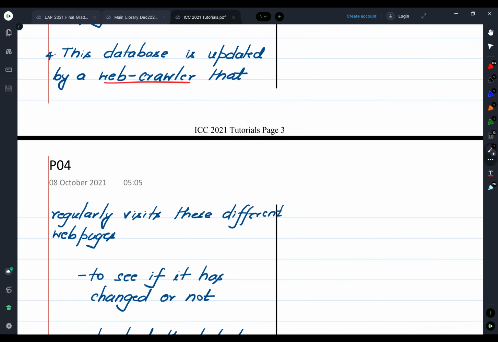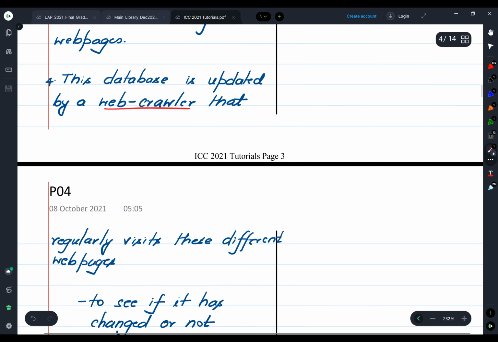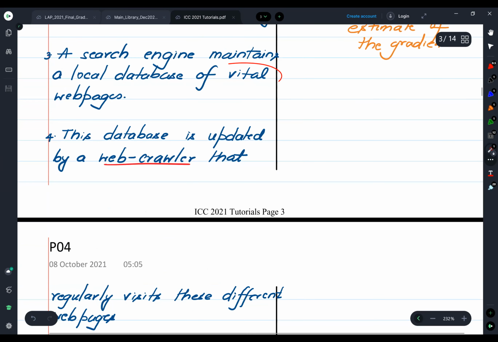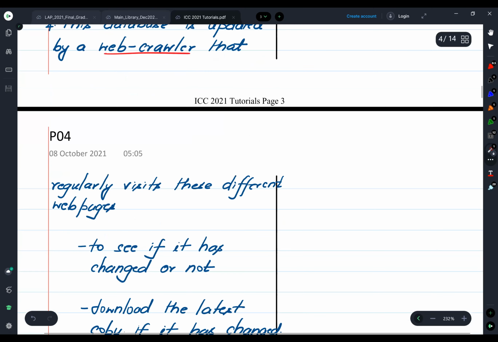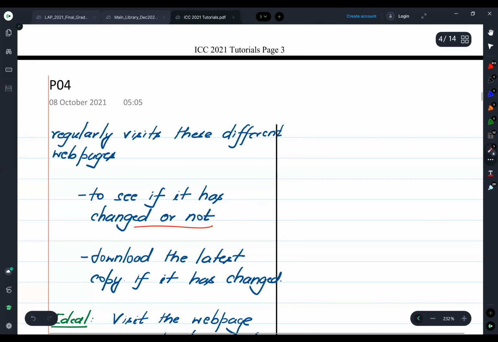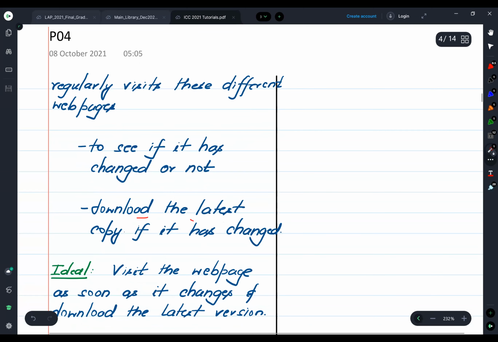It regularly visits these important web pages. Recall that the search engine has decided which are the important web pages. So the web crawler will regularly visit these different web pages, right? First, to see if it has changed or not, and second, to download the latest copy if the web page has changed. I hope you agree that each web page will be stored on some server, and the server could physically be located in some very far off place, right?